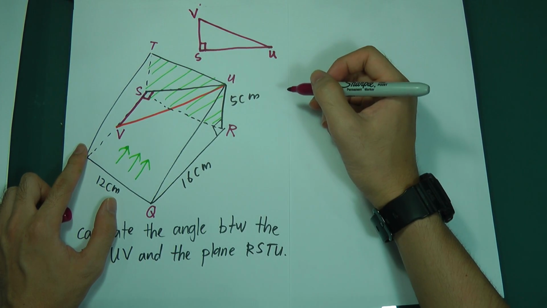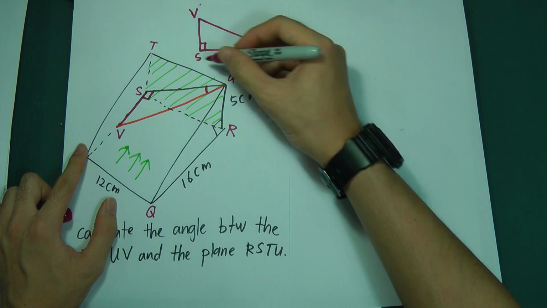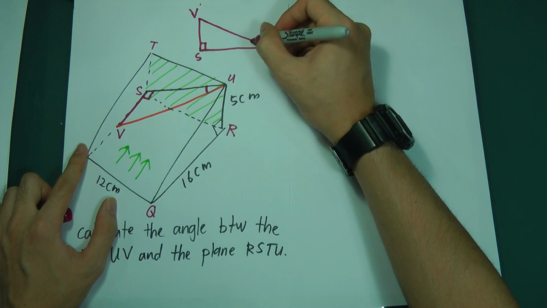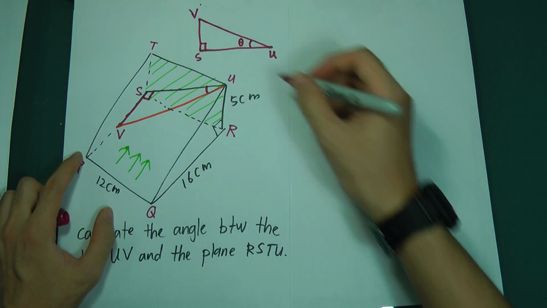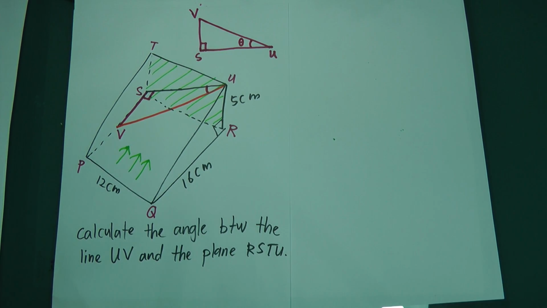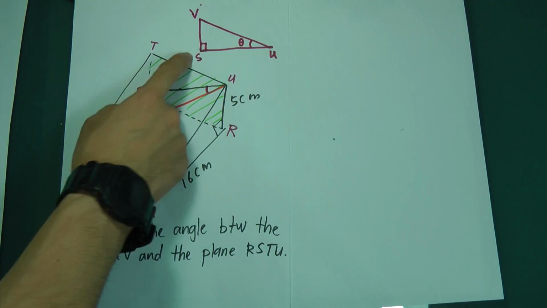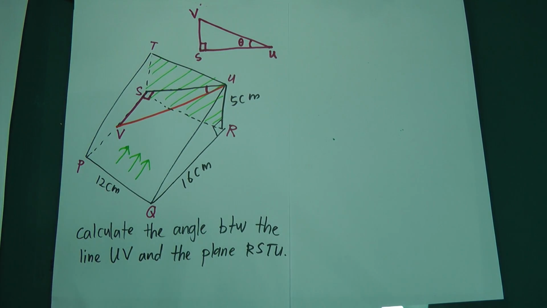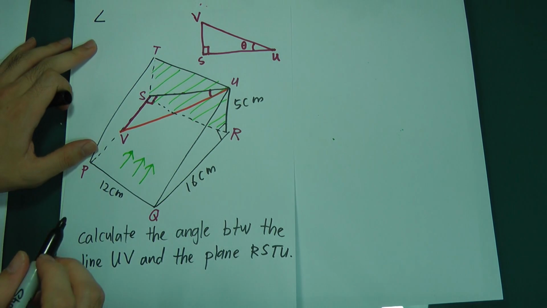So where is the angle in between? It's over here, or you can call it SUV. This is the angle in between. You can call it SUV or VUS, it's the same.